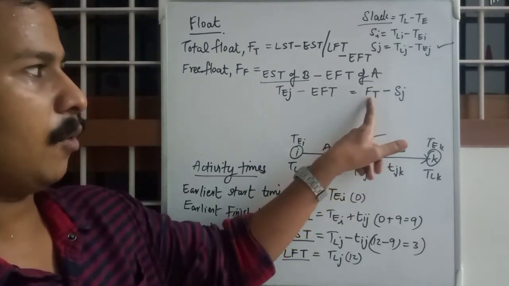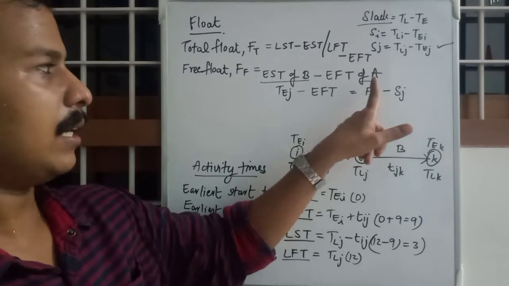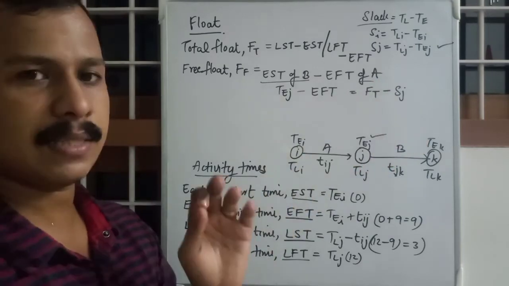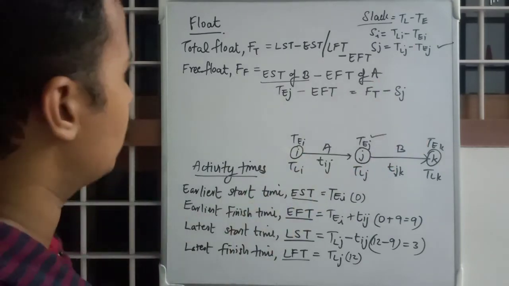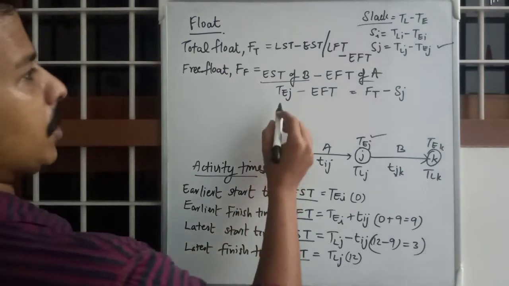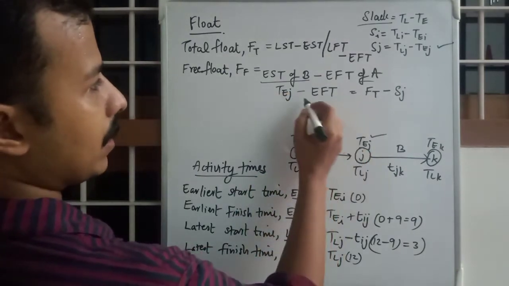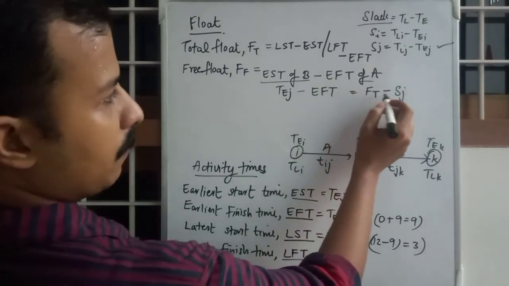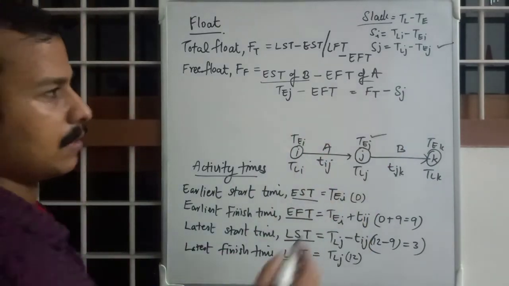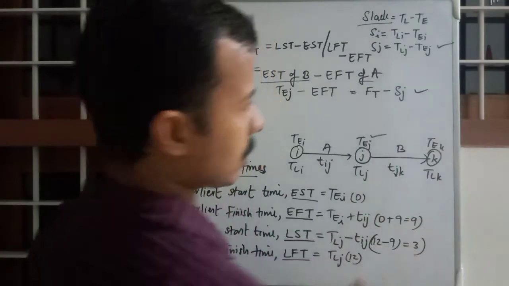Okay, total float minus SJ is also the same as that value. Okay, I hope it's clear. So you can find it out by two means, TJ minus EFT or total float minus SJ. I suppose this is easier.